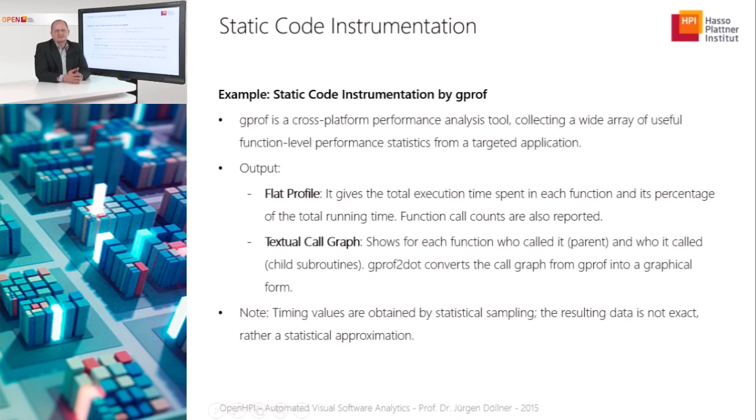Rather, it's a statistical approximation. In practice, this does not matter too much, but it's always an approximation and not an exact picture of the actual system behavior. But for the intended uses, such as profiling or memory leak detection, it's fine.